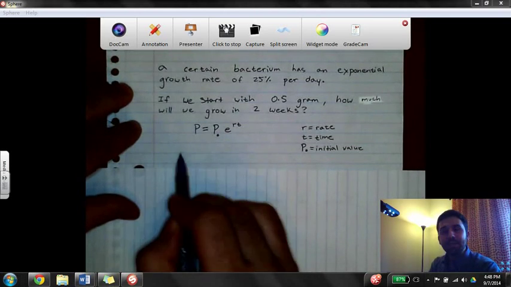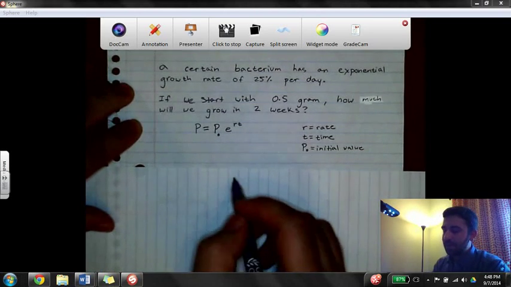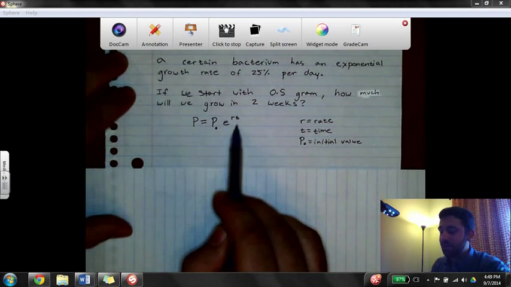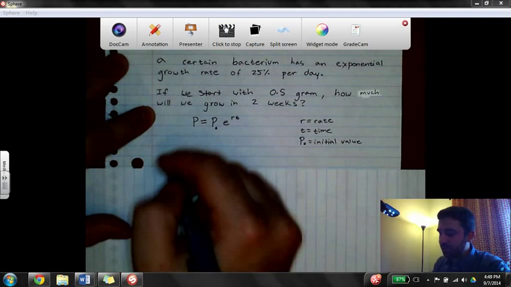So using this formula, I simply take elements from my problem and substitute them in for values of the formula to solve.